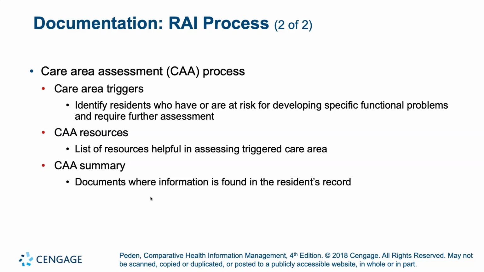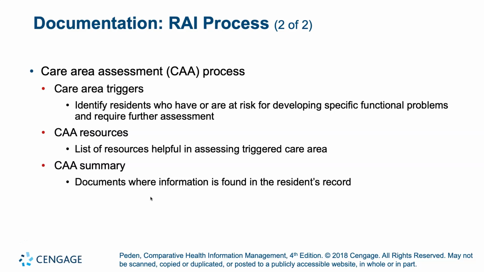For instance, they are looking at residents who are a fall risk, residents who are at the risk of hurting themselves or others, those residents who may be at nutritional risk, residents who may have a wound that may impact their ability to be mobile. So you're identifying those who come in with these conditions or have these problems or who are at risk of developing these issues. And those are going to require further assessment.